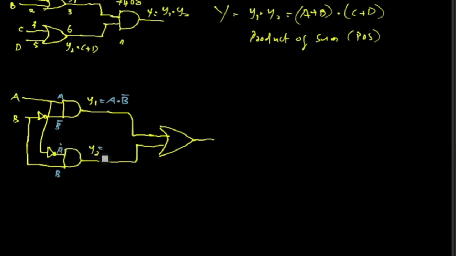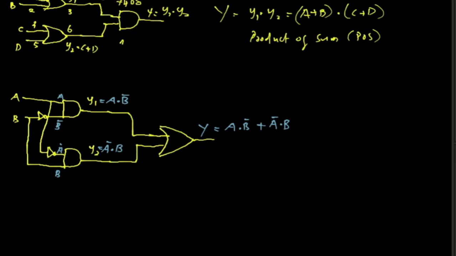So the output Y2 of the second AND gate is A complement and B. Now the actual output of the circuit is Y is equal to A and B complement, or A complement and B.